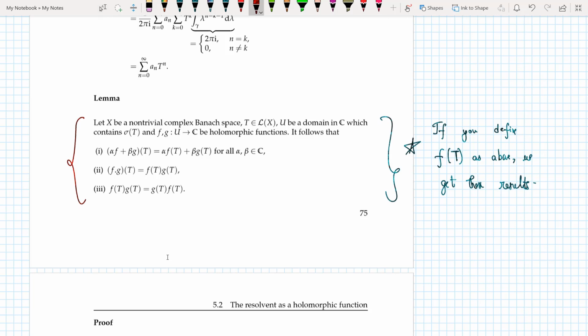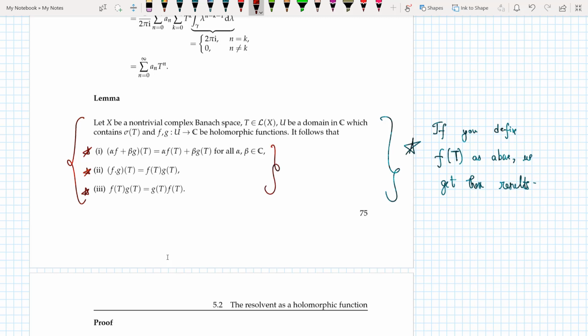So I want these three basic properties, linearity, commutativity and transitivity, and all these properties should be satisfied by the f of T that are defined using the Riesz-Dunford functional calculus or by the infinite power series representation. So these are the properties that it should satisfy.